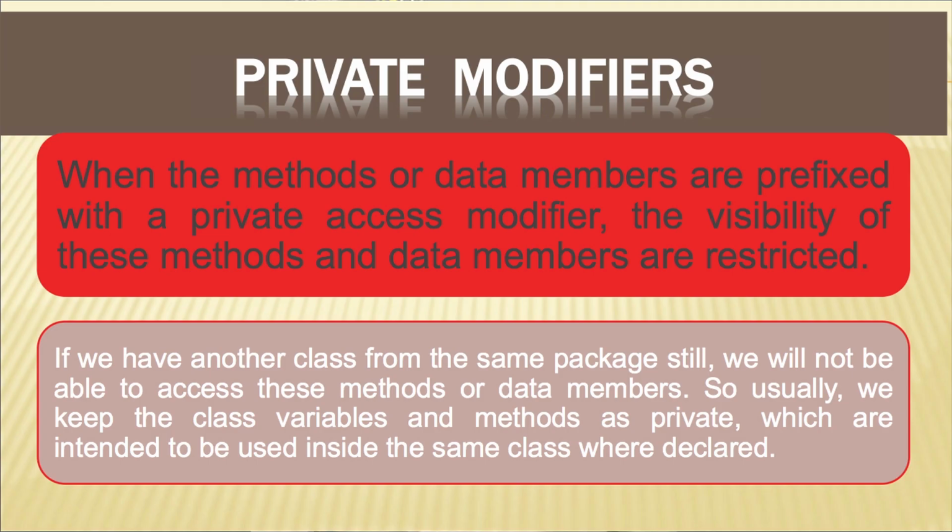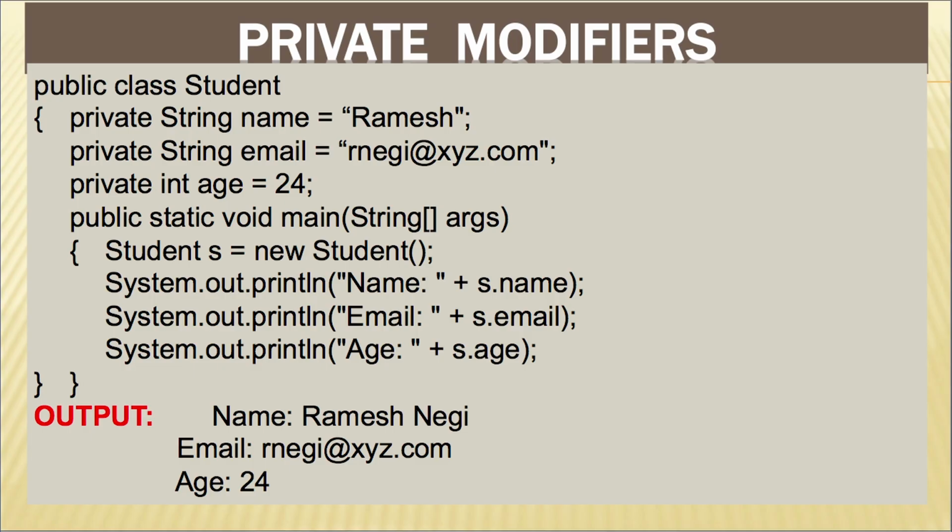So see the public static void main. Inside it, first of all we have defined the object of the Student class, as we defined above in the first line. We define the object of the Student class, that is s equals new Student, and then we have three System.out.println statements, means output statements. In the first statement we are printing name, a string plus s dot name.